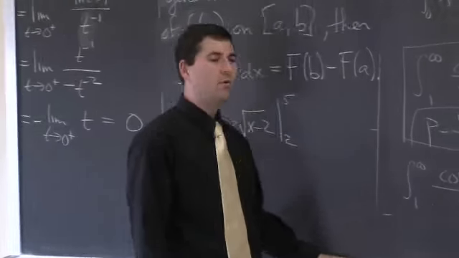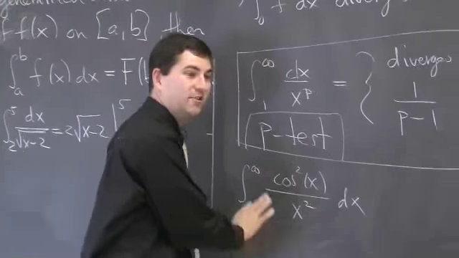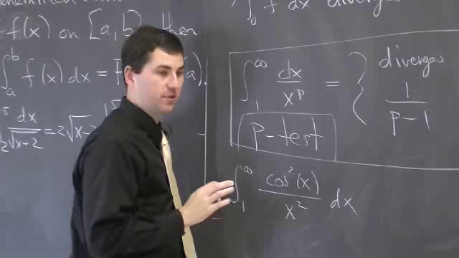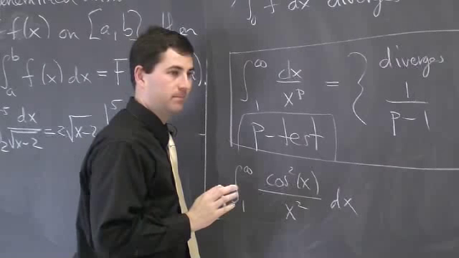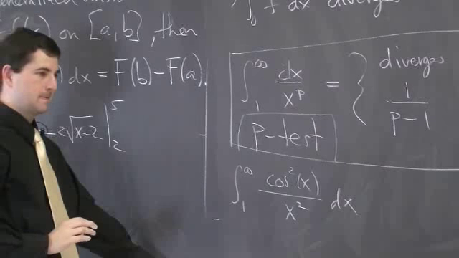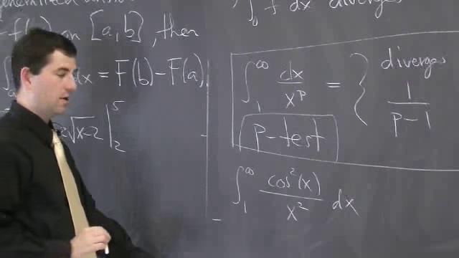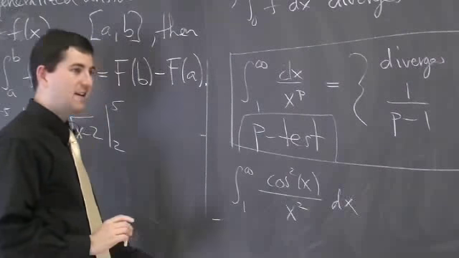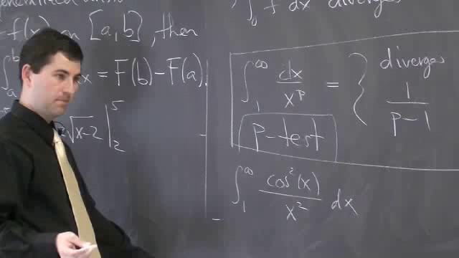Now, I don't actually want to compute this. I just want to know whether it converges or diverges, whether it has a finite value or not. So I want to use the comparison test, so I need to compare it to something that I know.